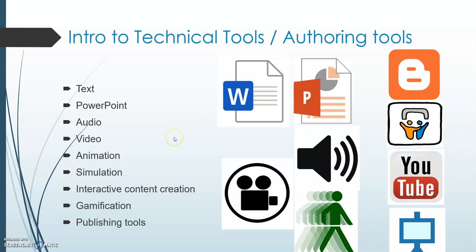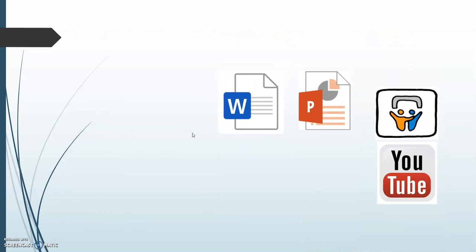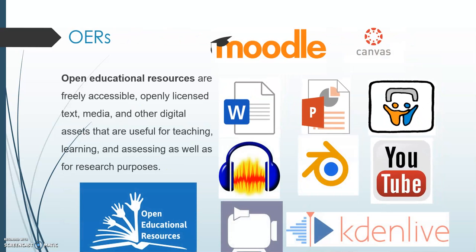We can see the different types of open educational technical tools for these resources. That is what we have to learn, and out of these technical tools, we can find some open educational resources. Open tools, free tools we can use.